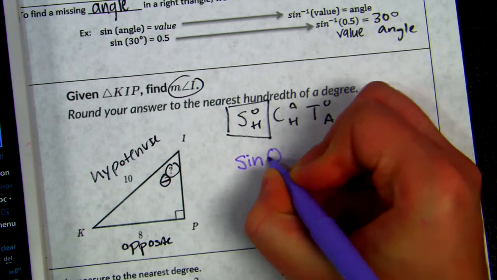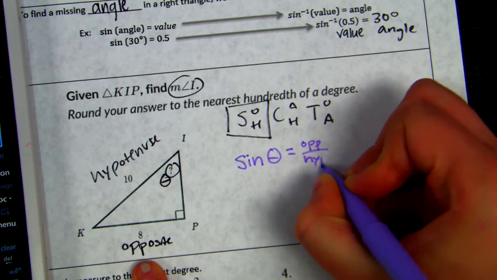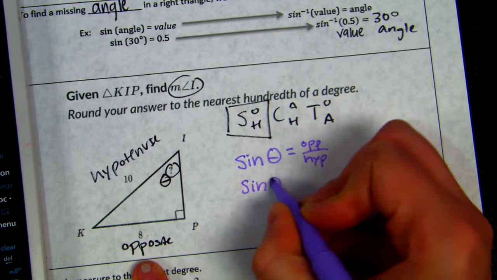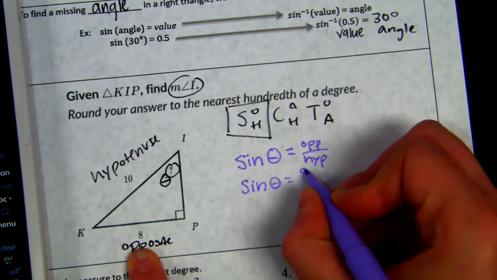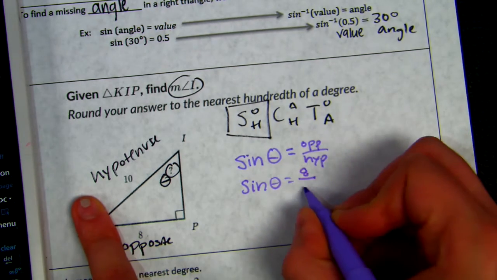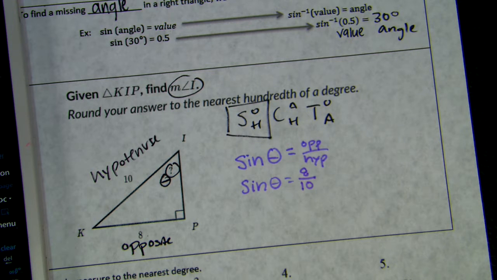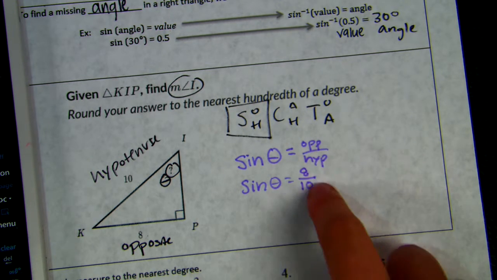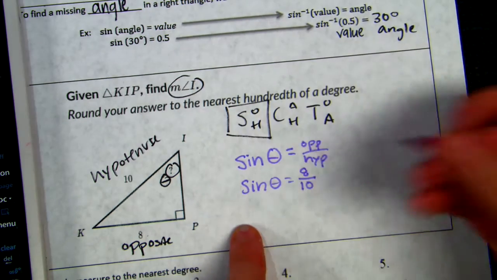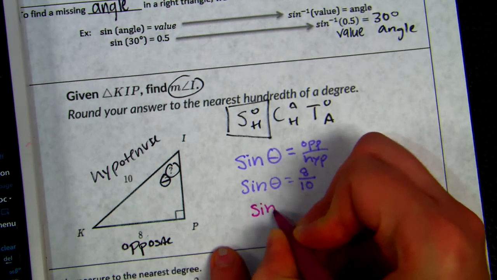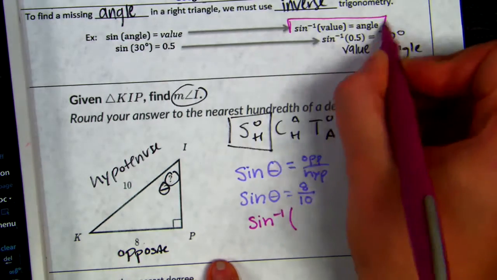So sine of theta is going to equal opposite over hypotenuse. Sine of theta equals, let's fill in those values, opposite, I know that that side is 8, my hypotenuse is 10. That's exactly like what we would have solved with on the first side, but I want to find out what is the measure of theta. So I'm going to take sine inverse of my value, which is exactly what we did up here.